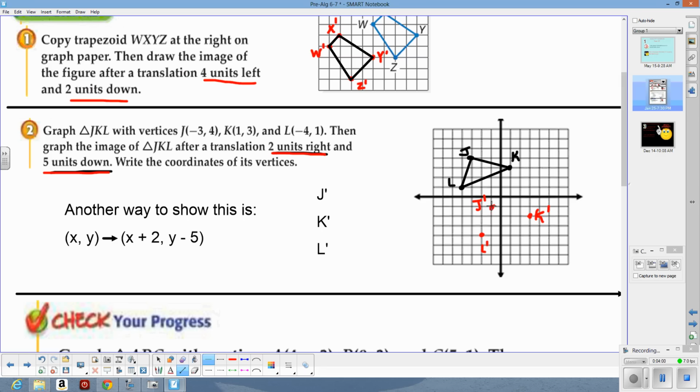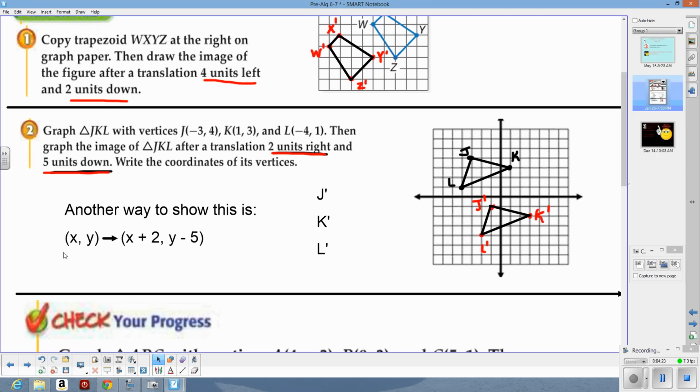Once again, you'll have a triangle congruent to the original, but it has been slid or translated 2 units to the right and 5 down. So sometimes you will see it written out like this. It'll spell it out, 2 units right and 5 units down. Another way you might see it is with this notation right here.